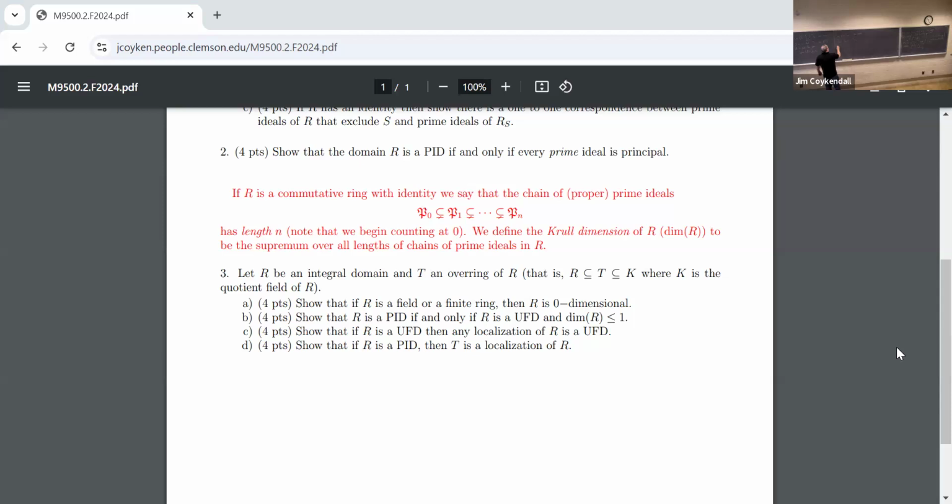Therefore, X1, X2, through XM are all elements of J alpha M. But of course, U is the union of all the J alphas, therefore J alpha M equals U is finitely generated, which is a contradiction.